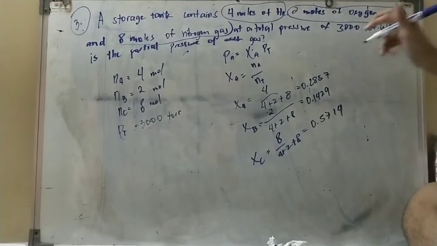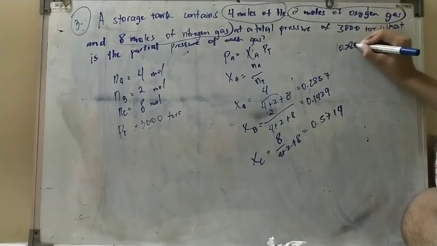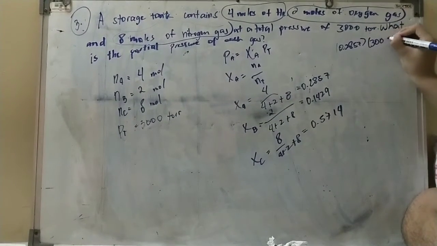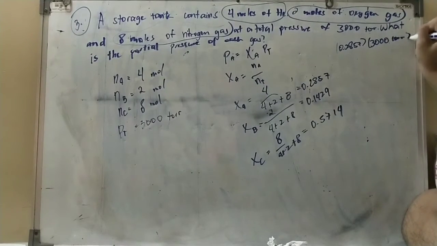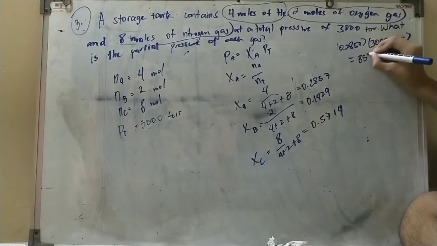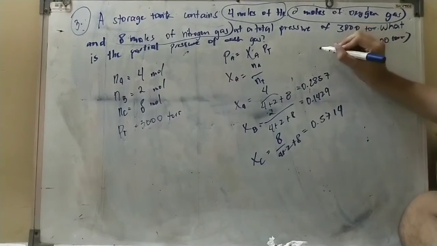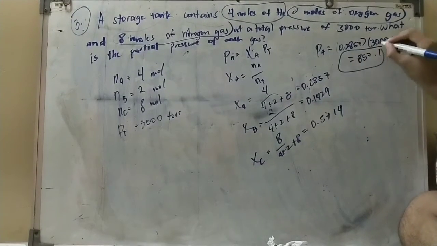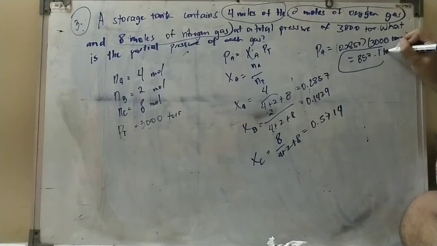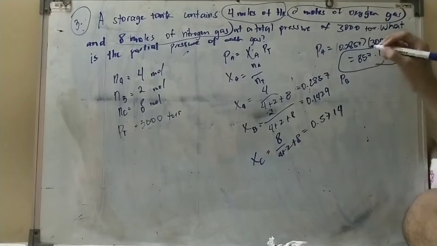So 0.2857 times 3000 torr is 857.1 torr. Next is 0.1429.